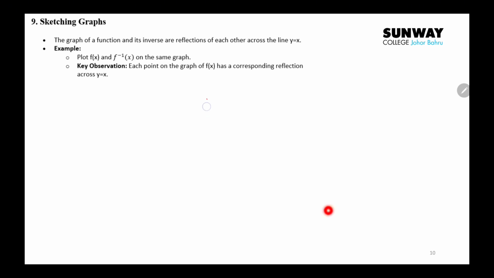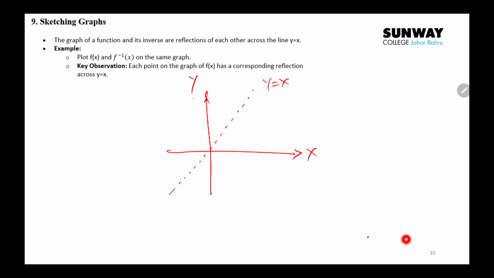So inverse functions are actually a reflection in the line y equals x. The example that we gave earlier, y equals e to the power of x, may look like this. And if you look at its inverse, which is y equals ln x, it will look something like that.